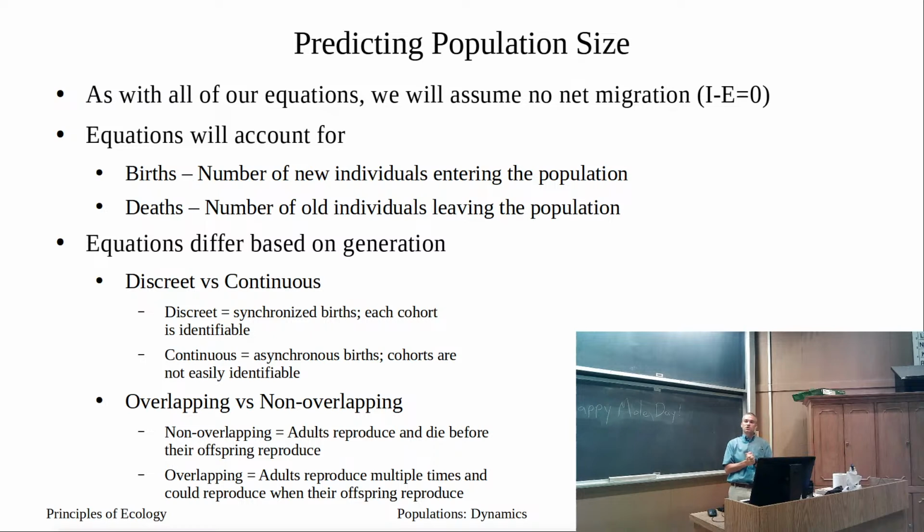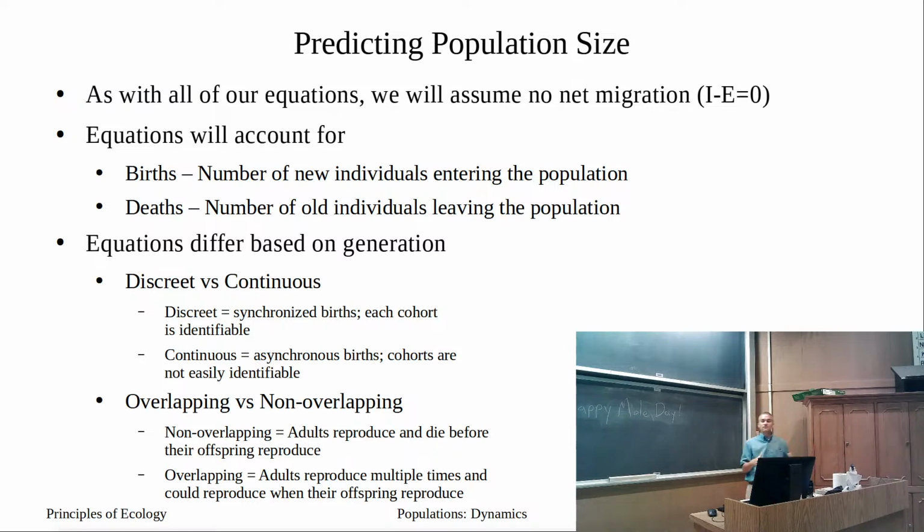That's a discrete generation. And that's different from a continuous generation, where you don't have individuals in our population synchronizing their birth. Like humans, we've got individuals that give birth year-round. Not an individual that gives birth year-round, but we have individuals in our population that will give birth, some of them in January, some in February, March, April, and so forth.